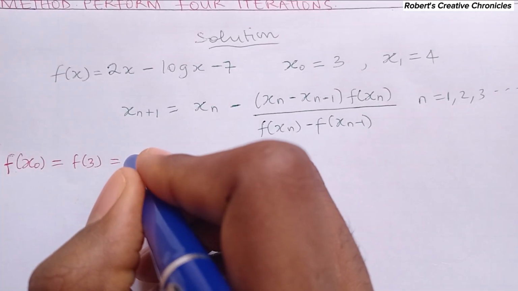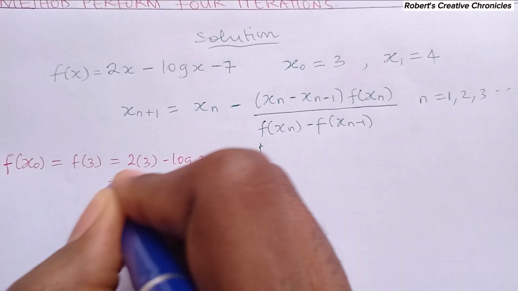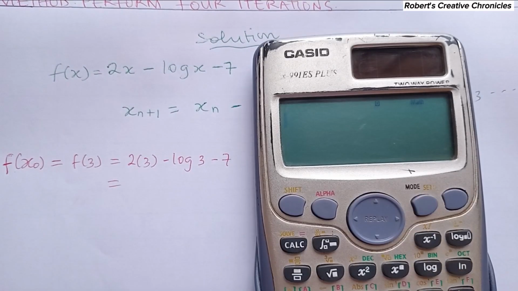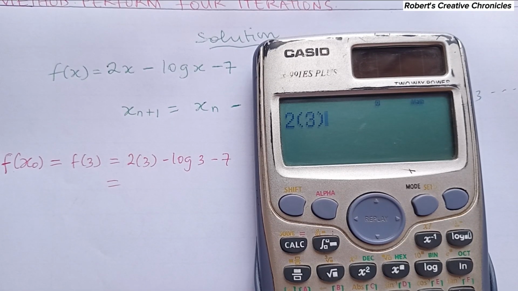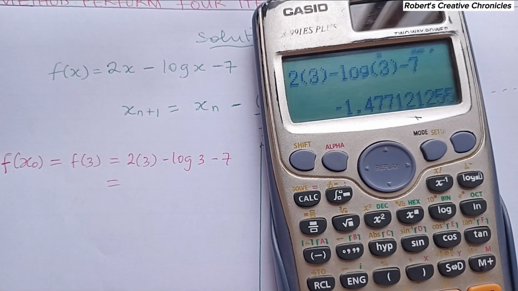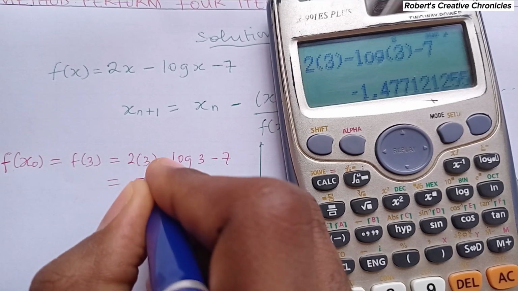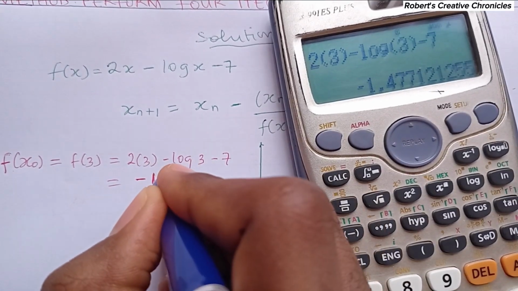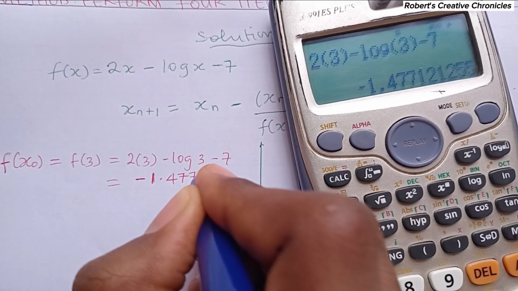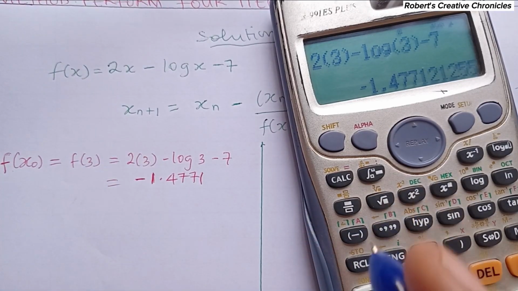So it will be 2 times 3 minus log 3 minus 7. This is negative 1.4771. So this is the value for f(x0).